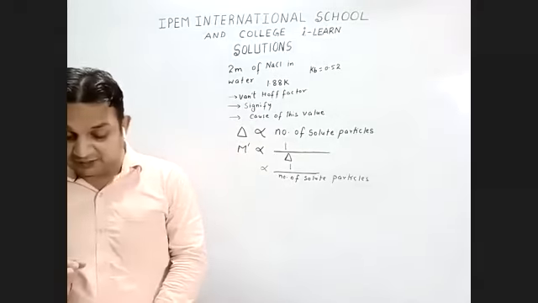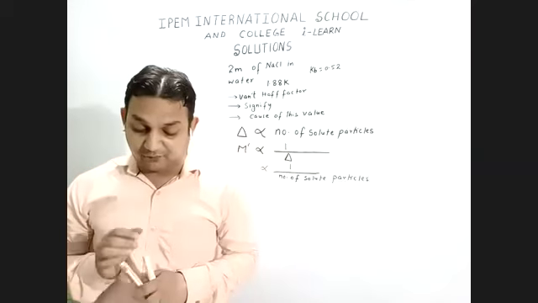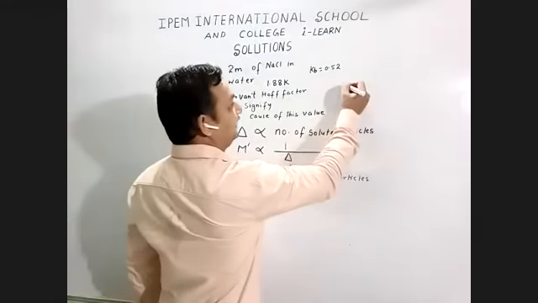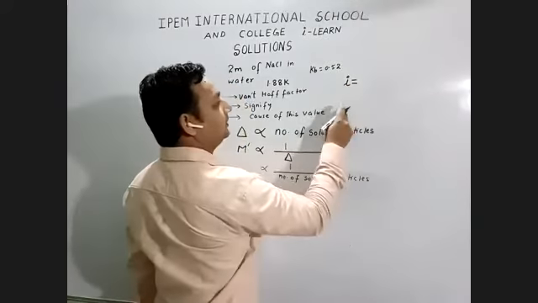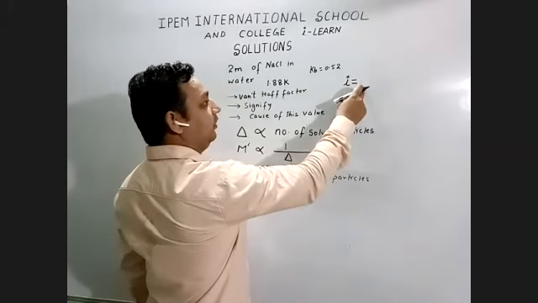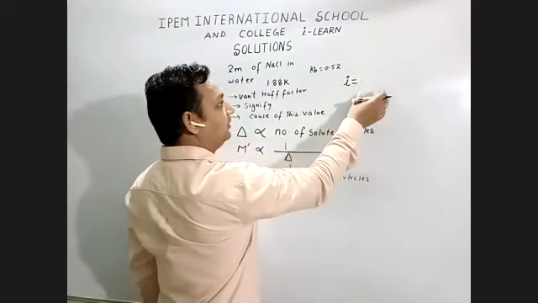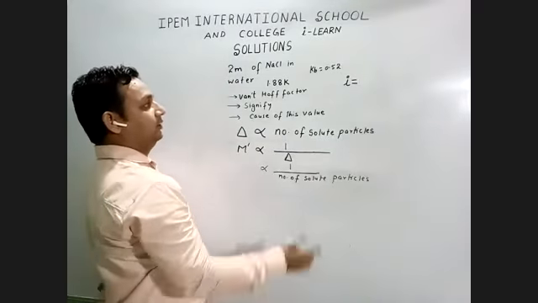The Van't Hoff factor is a ratio of the observed, that is the experimental, value of a colligative property. He represented this as i, the Van't Hoff factor. It is a ratio of the experimental value upon the normal value of the colligative property.